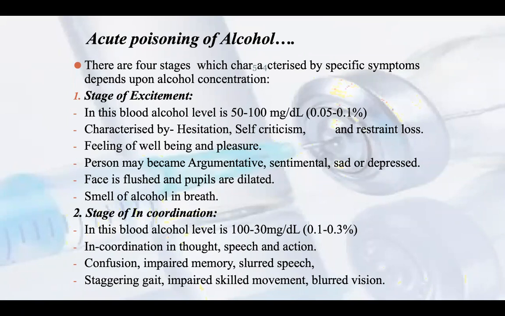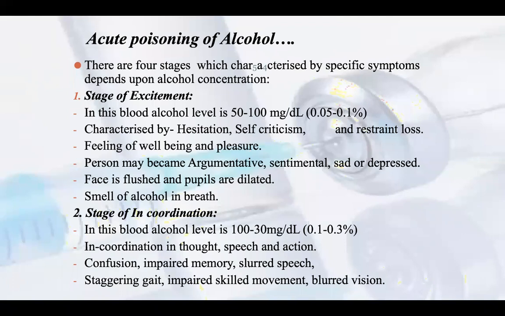In this, blood alcohol level is 50 to 100 milligram per deciliter, characterized by hesitation, self-criticism, restraint loss, and a feeling of well-being and pleasure. The person may become argumentative, sentimental, sad or depressed, the face is flushed, and pupils are dilated. Smell of alcohol on the breath is also found.